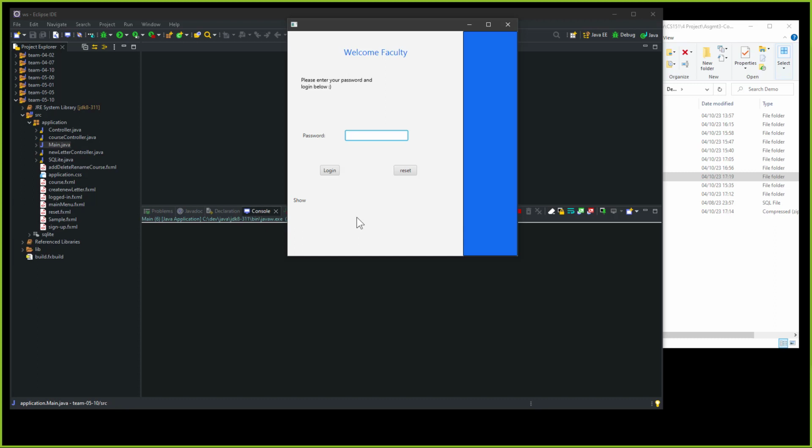Automatically, it should go to the reset page. I don't need to have something like this. This is not part of the requirement. But anyway, let me put P here again and then log in.